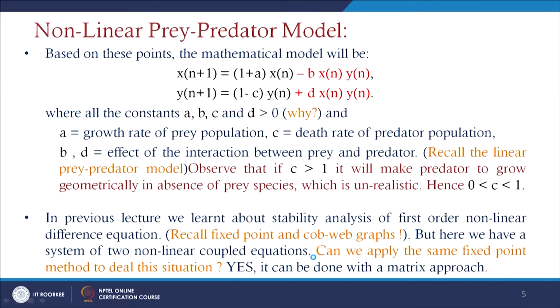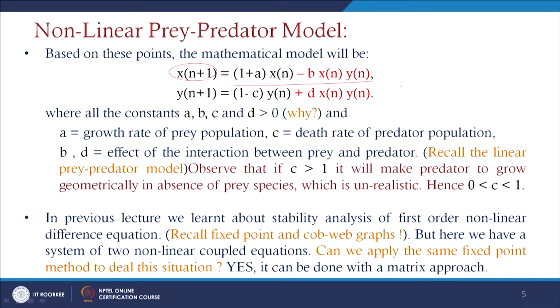Based on these points, if you construct the mathematical model in a form like x_{n+1} at time level n+1, the population of the prey is x_{n+1}, which depends on 1 plus a times x_n minus b x_n y_n.